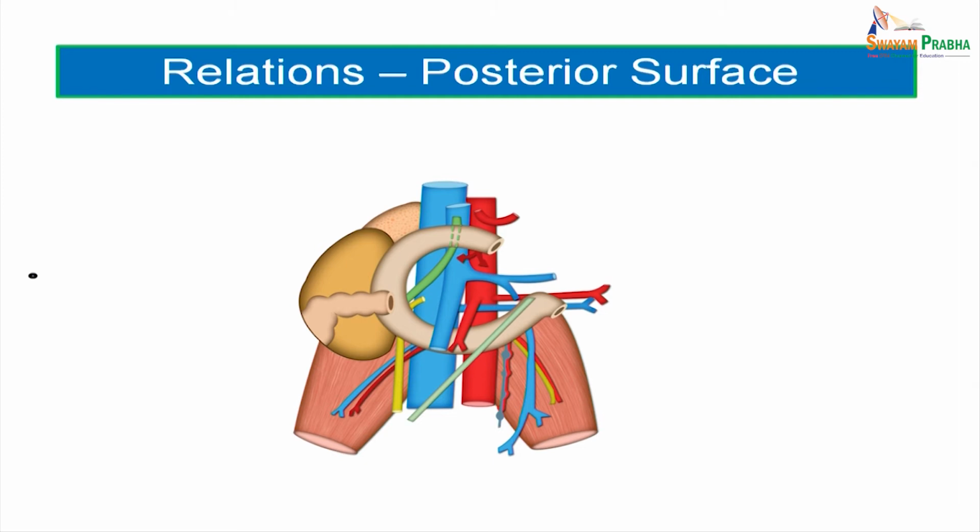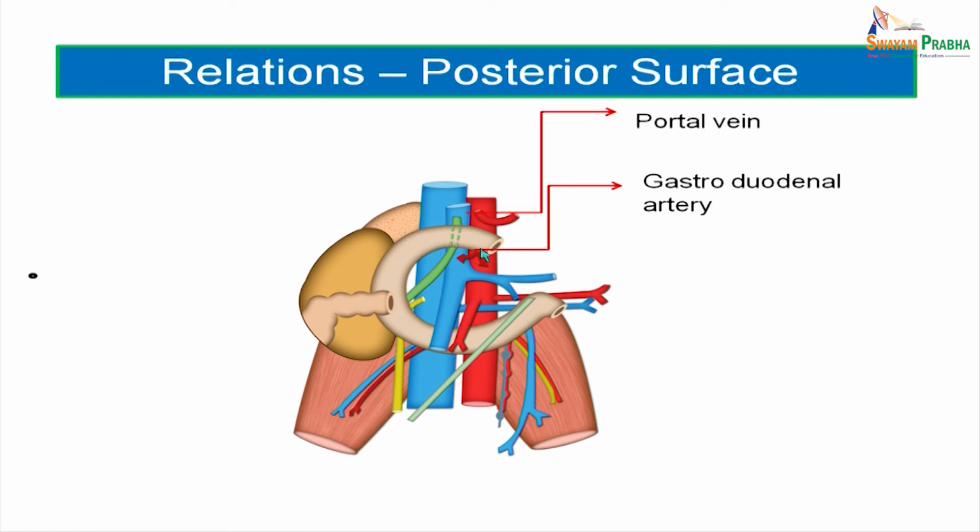Moving on to the posterior aspect of the duodenum. To the first part we have the gastroduodenal artery, which is related here on the posterior aspect of the first part. Then we have the portal vein, the inferior vena cava and the bile duct. So, all these 4 structures are related to the posterior aspect of the first part of the duodenum.